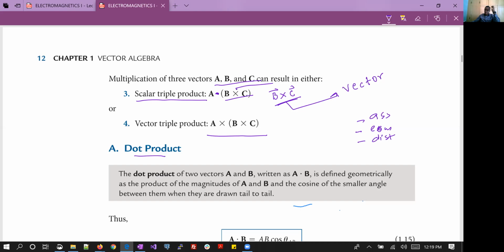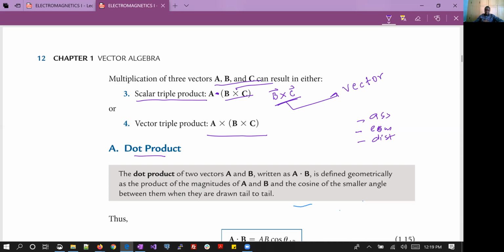So let's talk about the dot product. The dot product of two vectors written as such is defined geometrically as the product of magnitudes of A and B and the cosine of the smaller angle between them when they are drawn tail to tail.